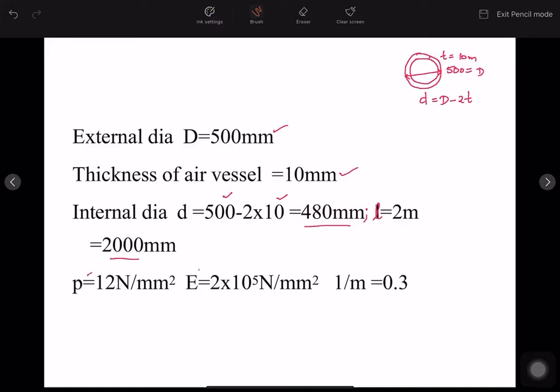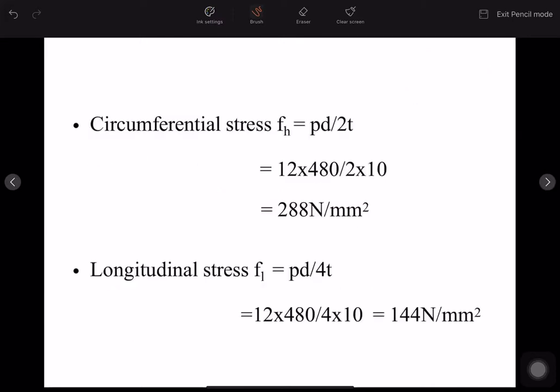P, E and mu values he has given already. In the same manner as the previous problem, initially we need to calculate sigma h, which is PD by 2T, and D here we need to substitute internal diameter, not external diameter, which is small d.